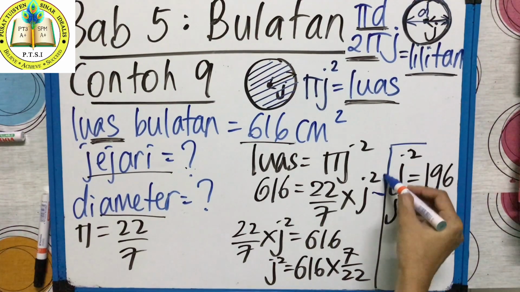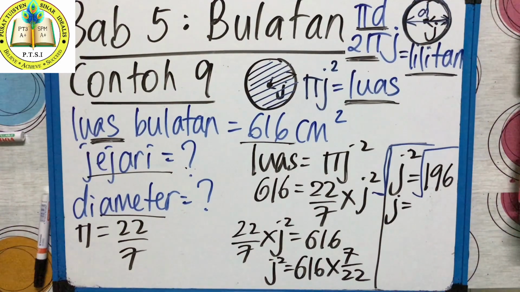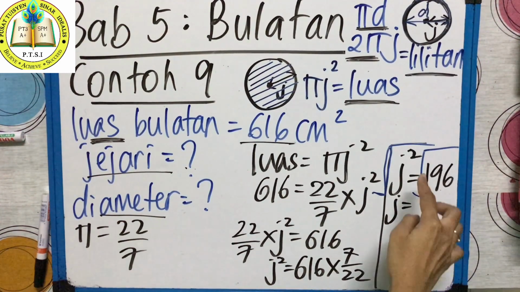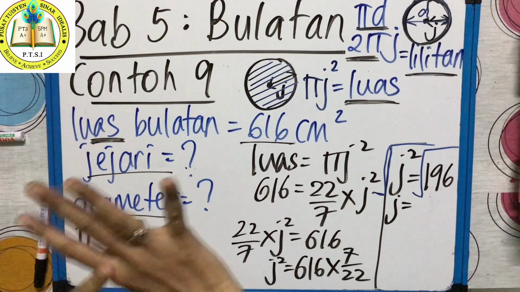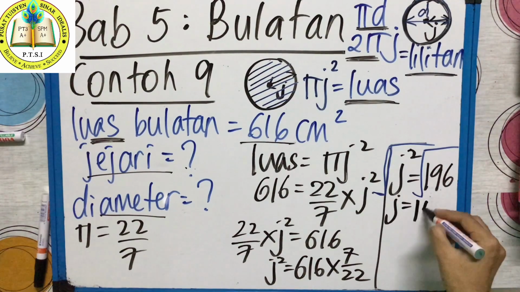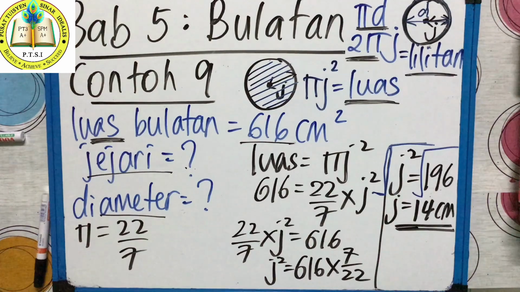If here you make a root, here also must make a root, square root. Punca kuasa 2, punca kuasa 2. So bila ada kuasa 2, punca kuasa 2, it will be lost. So it's only J. Then punca kuasa 2 of 196, kamu dapat berapa, kelas? You get 14 cm. So jejari sama dengan 14 cm.